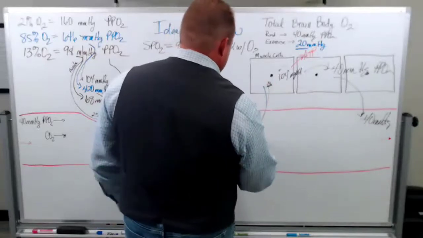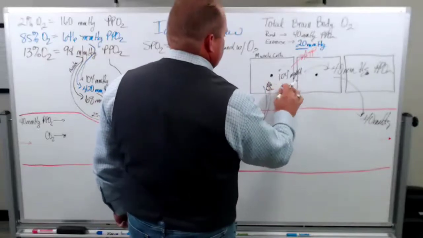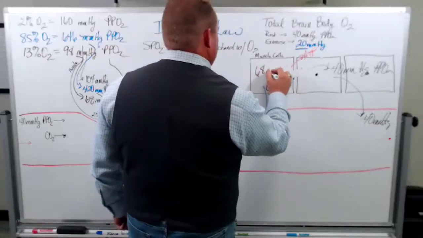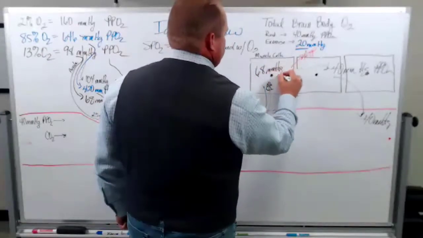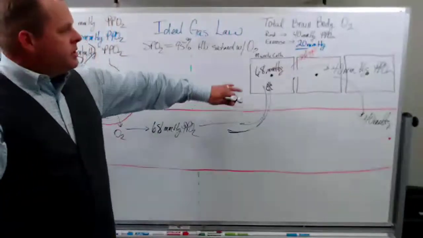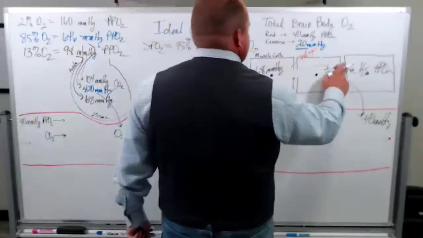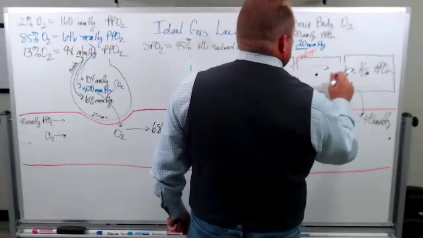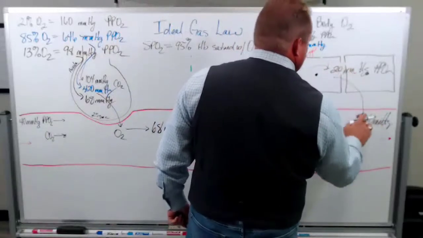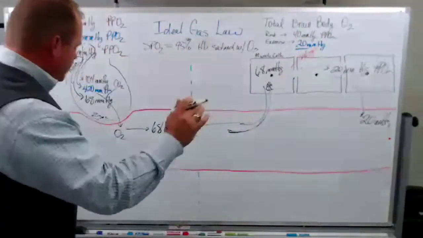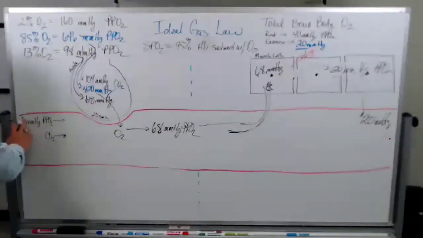As we shunt O2 in low, it's no longer 104, it's 68. And on top of that, I've got you exercising, so this drops to 20, which means the returning blood drops to 20.